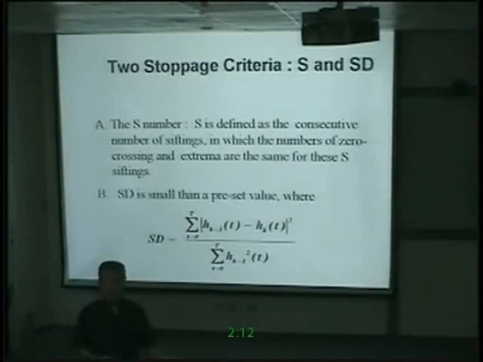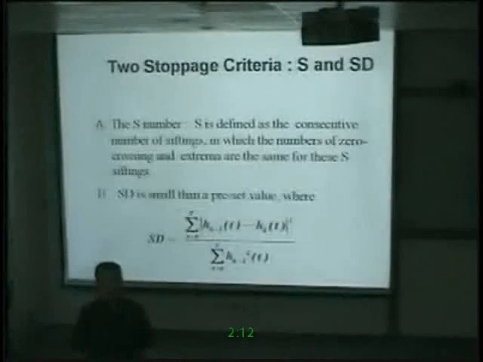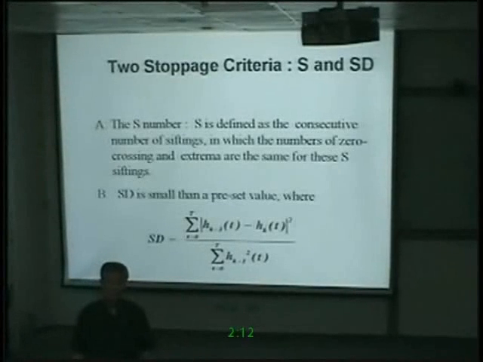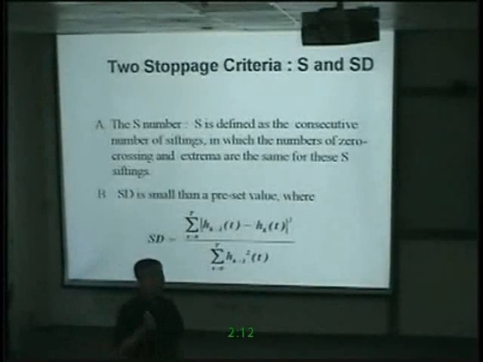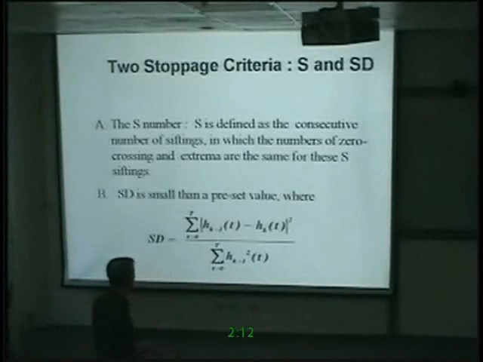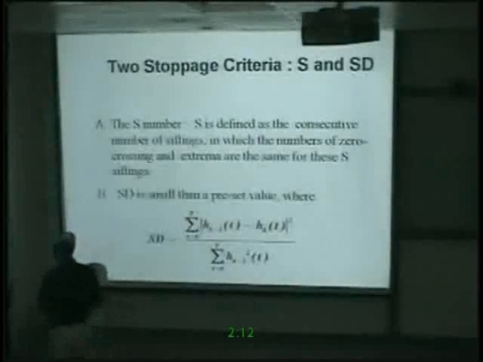Every one of the stoppage criteria used by various people works pretty well. See, that's the loose end. This is the part that we have to tighten up, if we have a good mathematician who can give us some very, very rigorous proof of the stoppage criteria.